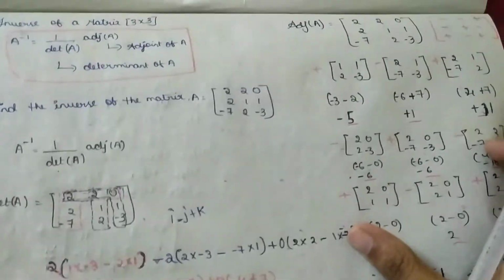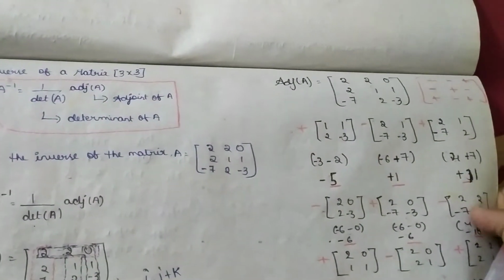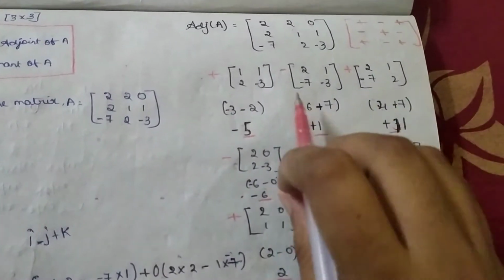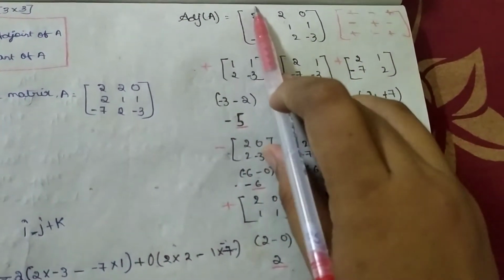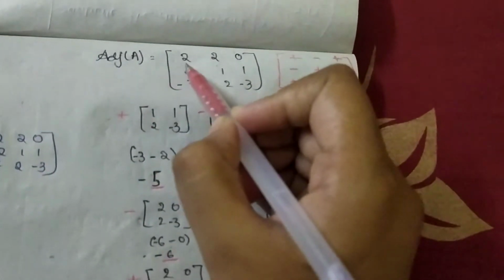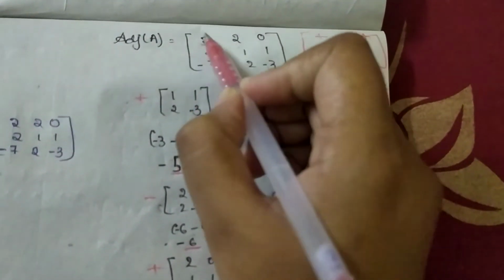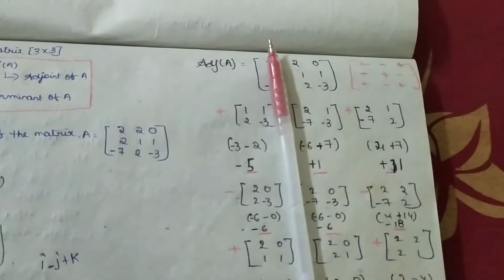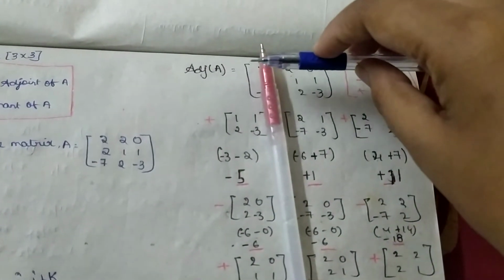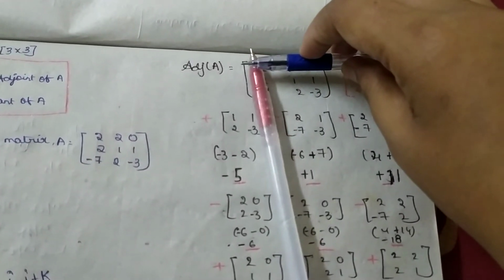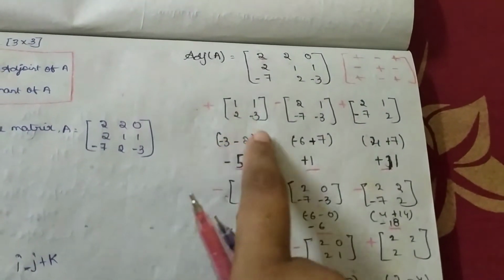Now we have to find the adjoint of A. I previously explained how to find the adjoint. So we are taking 2. We have to close this first 2, this column and the row where the 2 is. So what is left? 1, 1, 2, minus 3.